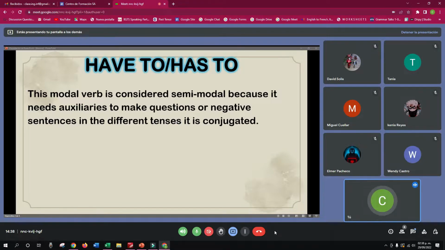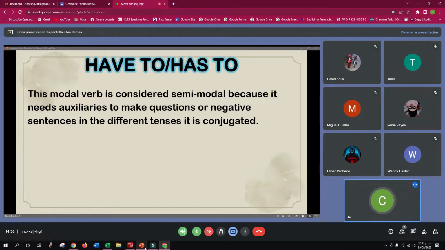Porque cuando ustedes van a realizar oraciones negativas o incluso preguntas, van a necesitar de un auxiliar. No como can't o como should, que ustedes utilizaban en sí el modal. En este caso vamos a necesitar de auxiliares. Como es have to and has to, que es presente, vamos a utilizar do and does, right?